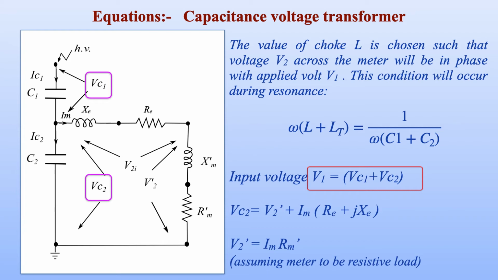So the total voltage to be measured, V1, will be equal to the voltage across capacitor C1 plus the voltage across capacitor C2, right?